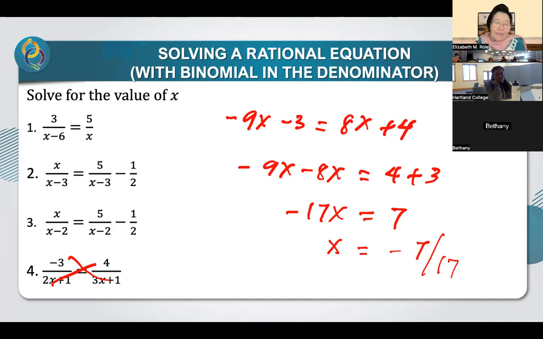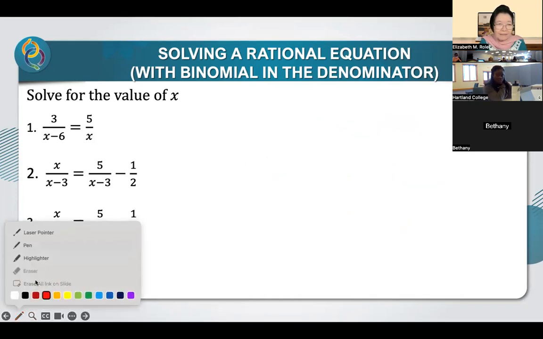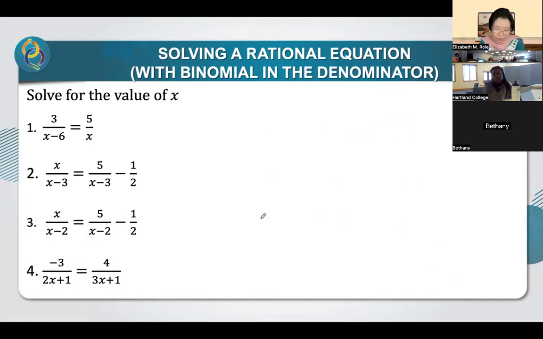Now, when we have not only one monomial on one side and another monomial on the other side, but combinations like x over x minus 2 minus 5 over x minus 2 equals 1/2, in a situation like that, especially when you see that you have the same x minus 2 in both, you simplify first by putting them together.